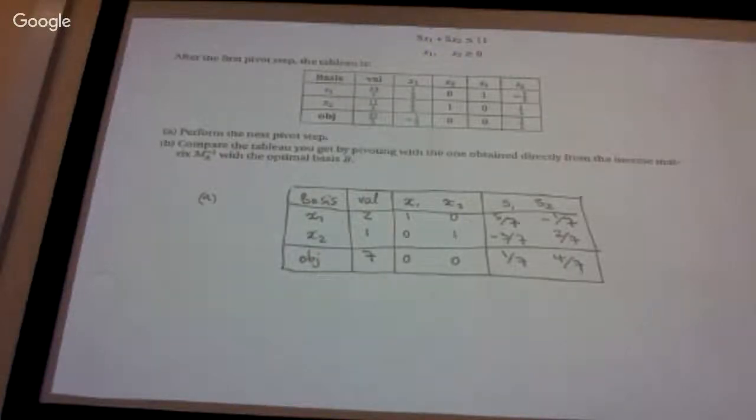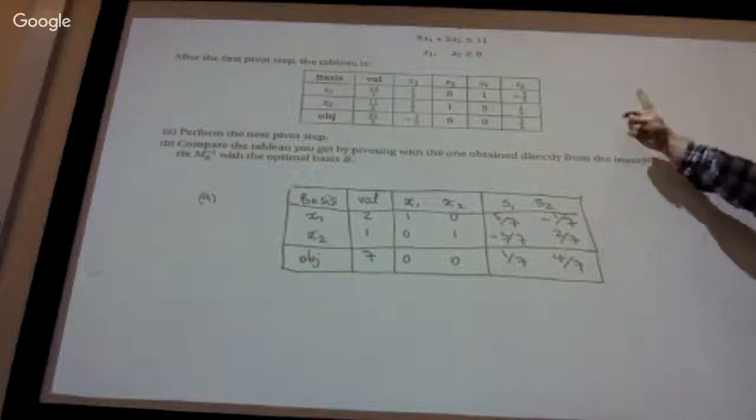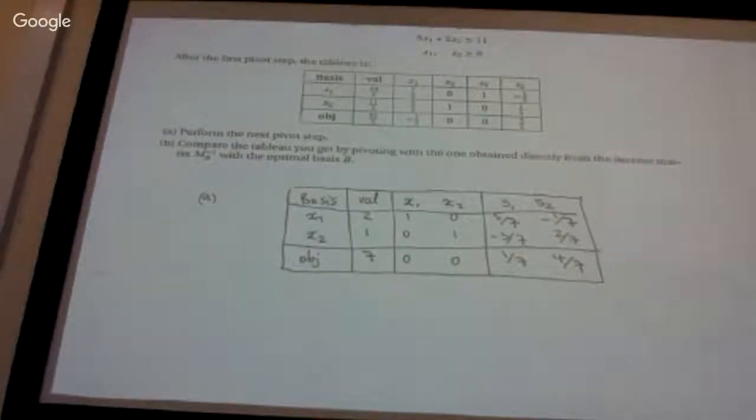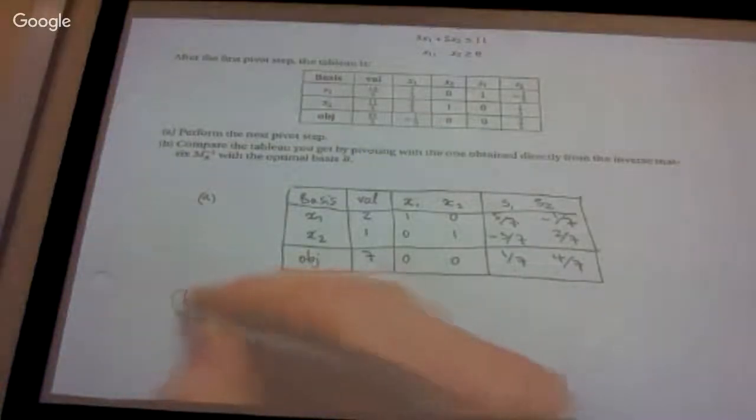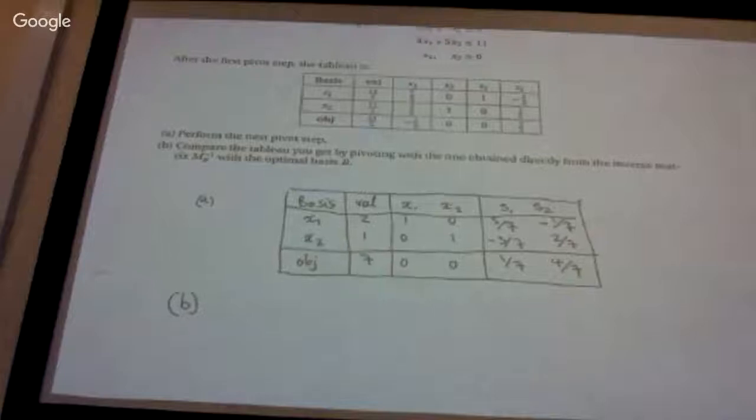Okay, so after this chatty introduction, question B asks you to do exactly what I've just said. Namely, if you know the optimal basis, you want to know how to get this tableau without any pivoting. As I said, the objective row we can't do yet, but the top we should be able to do.